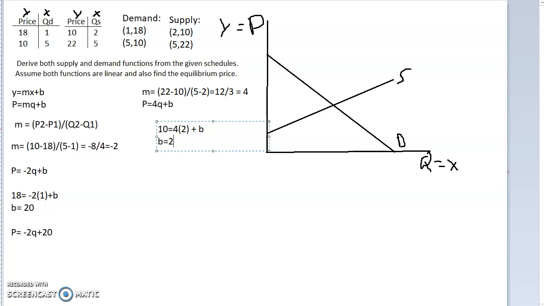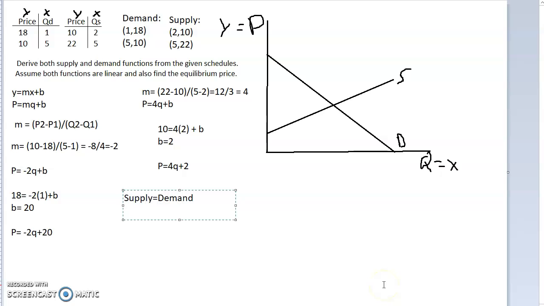So B equals 2, and our supply function is P equals 4Q plus 2.